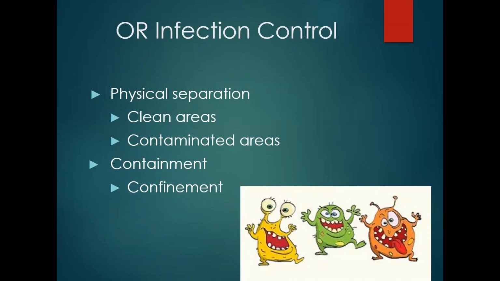Two is containing any source of infection. So we want to carefully separate the clean and the dirty items. That must be strictly maintained in the OR in order to prevent any sort of cross-contamination of instruments, supplies, any kind of objects. For example, in the OR, we separate the decontamination room and the prep areas. Those are separate from the OR suite.